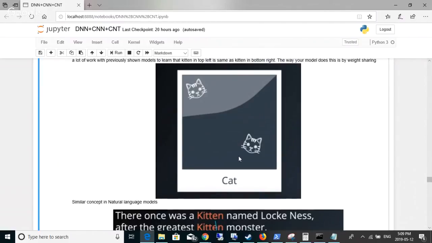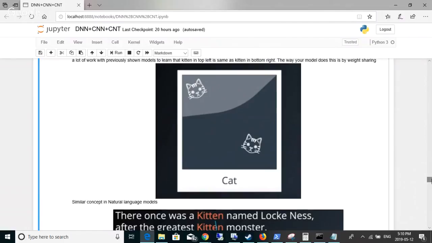Both of these are cats, but if you have a perceptron or something that does not take into consideration spatial information, it'll be very hard for it to learn that this is the same as this cat.